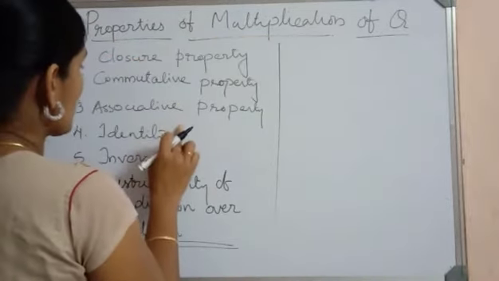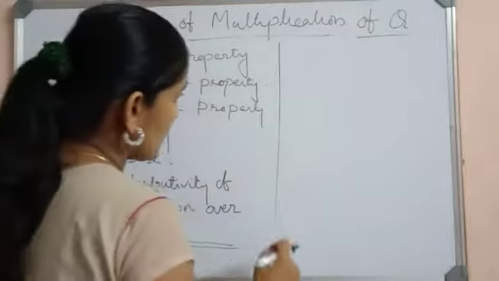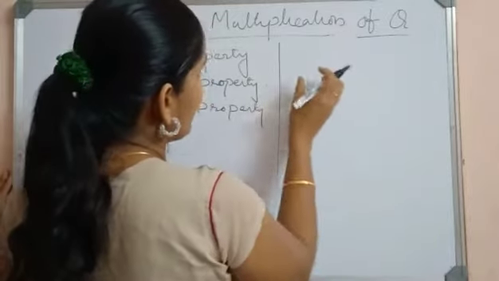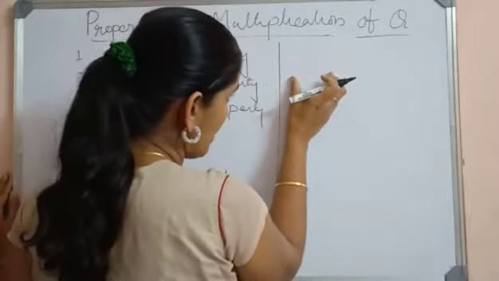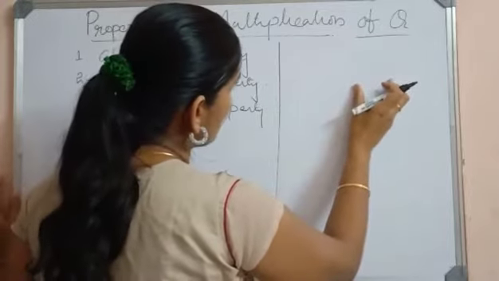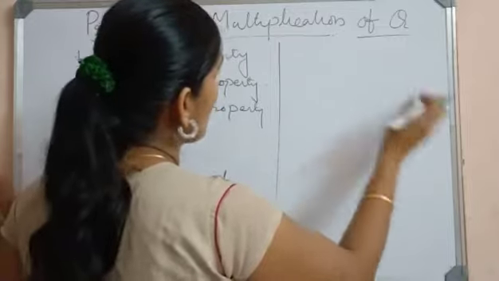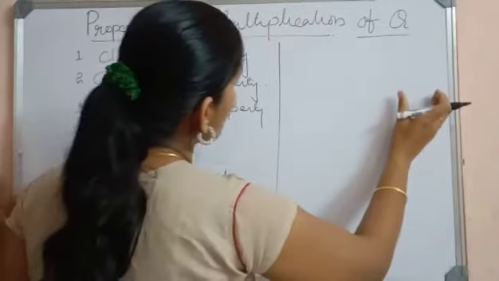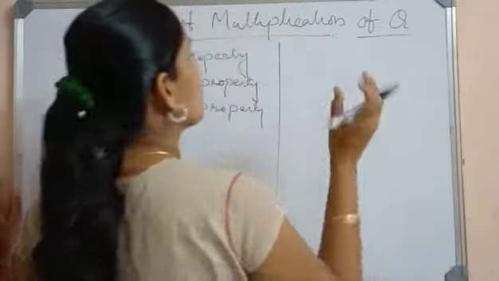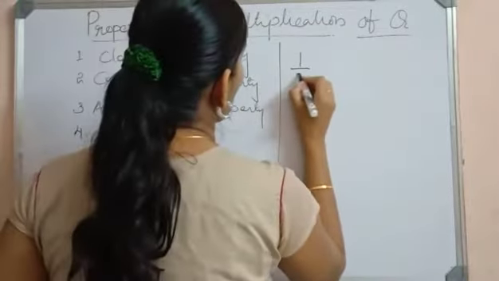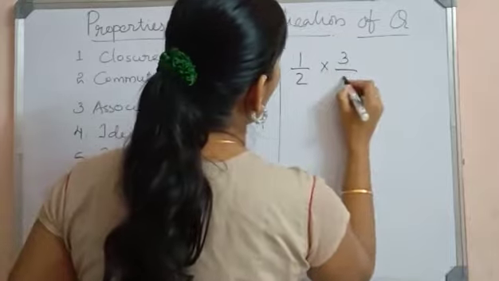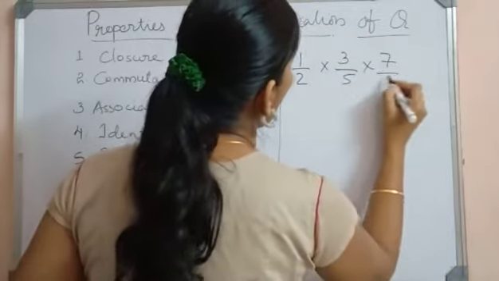The next is the associative property. So we have seen what the associative property is. When three rational numbers are there, if you multiply the first two rational numbers and the product is multiplied with the third one, the result will be the same as when you multiply the last two rational numbers and then multiply with the first one. Let's see how it will be. Consider three rational numbers 1 by 2, 3 by 5, 7 by 11.